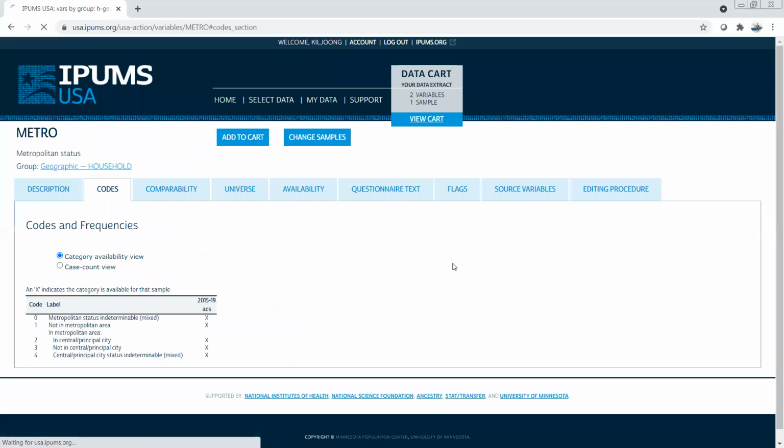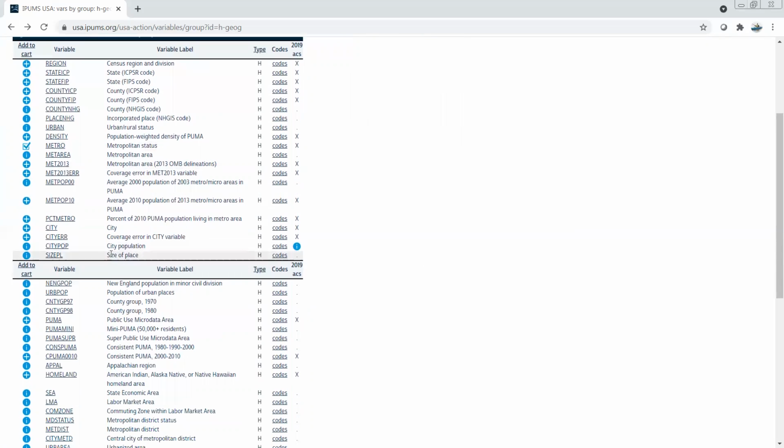And then it has other really helpful elements here. If you want to, for instance, add what is called metropolitan status, so density of where the person lives, you can add that. Similarly, you can get things like the city code.